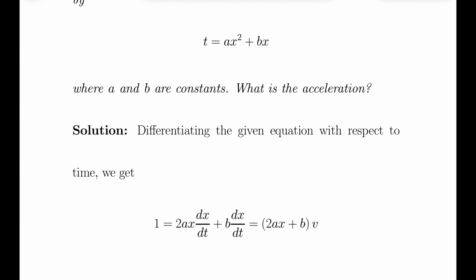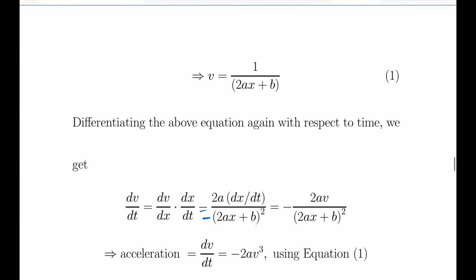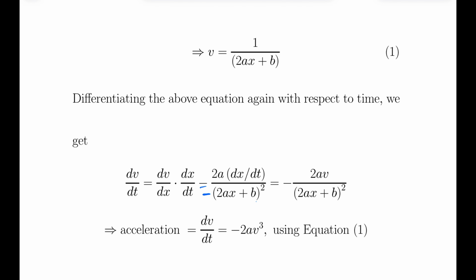So here we have dx upon dt common. So we can write it as 2ax plus b into dx upon dt. Now dx upon dt is nothing but v. So we write here 2ax plus b into v. So this gives you the value of velocity. So v equal to 1 upon 2ax plus b.